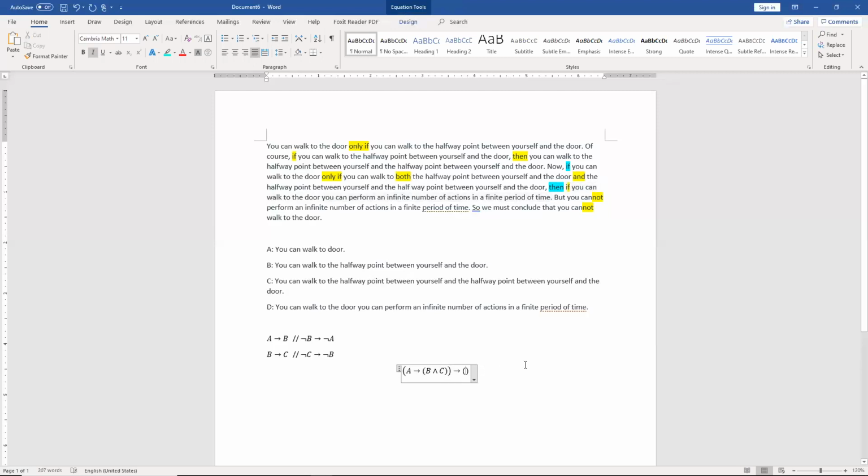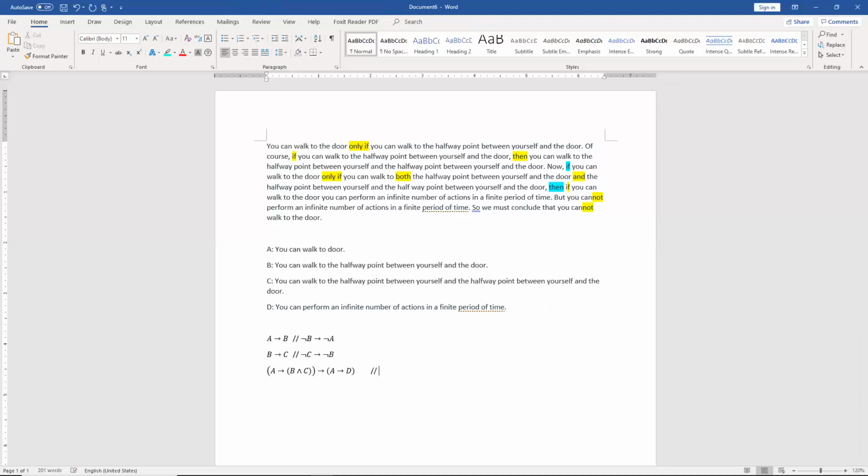Second conditional, if you can walk to the door, A, then you can perform an infinite number of actions in a finite period of time. Oops, sorry, I messed this up. That should be D: you can perform an infinite number of actions in a finite period of time. So that's our third premise. It's a complicated one.